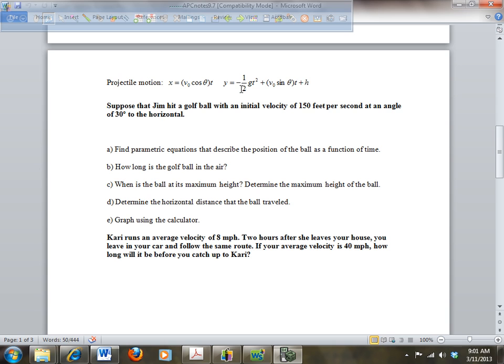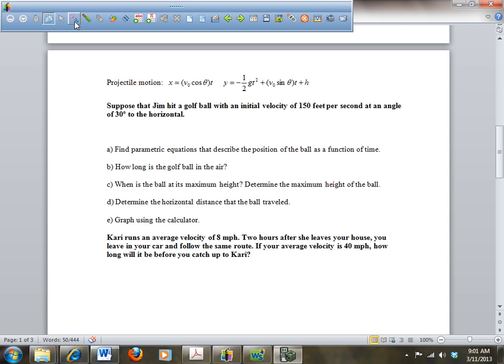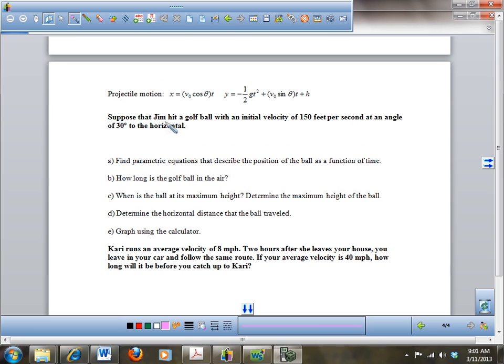And if this is in feet, that's 32 feet per second, right? That's per second, right? So it's speeding up 32 feet per second every second. That's what that means. So x equals v sub 0, which is 150 cosine of 30. Got it?